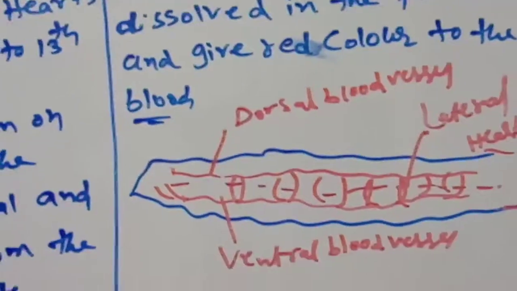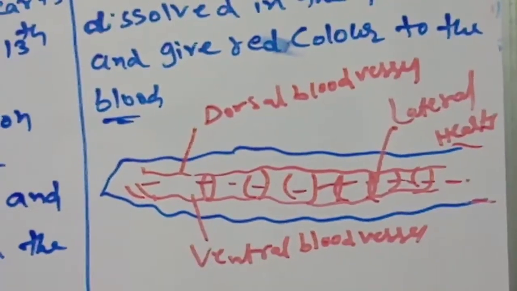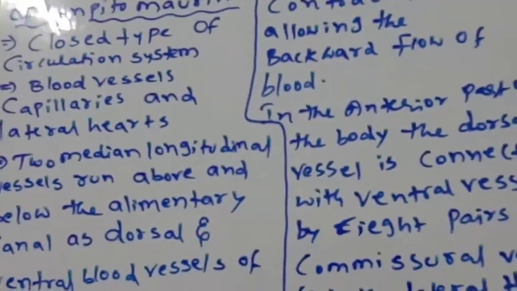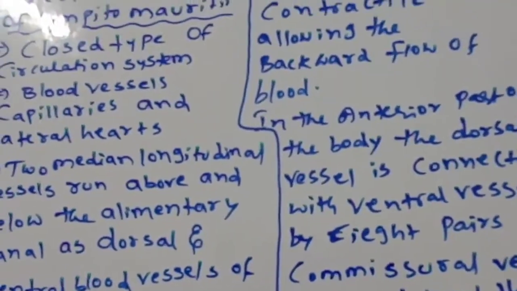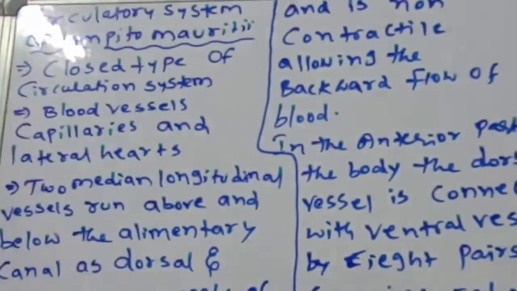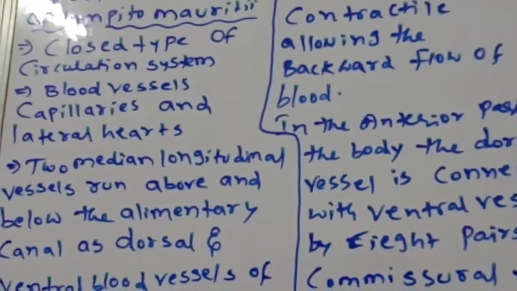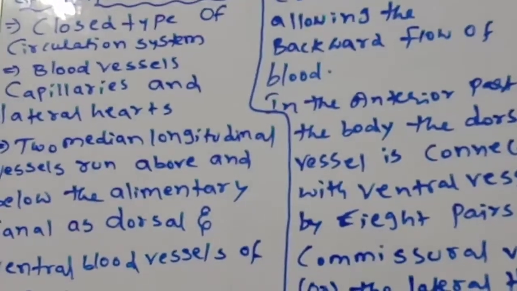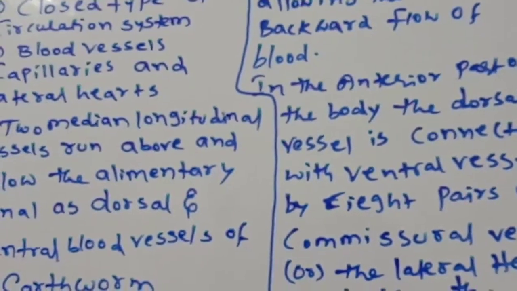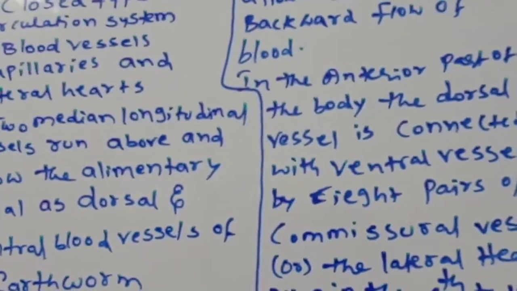Now we are going to discuss the different parts of the circulatory system of Lampito mauritii. It's a closed type of circulation system. You know very well there are two types of circulatory systems: one is open type, another is closed type.